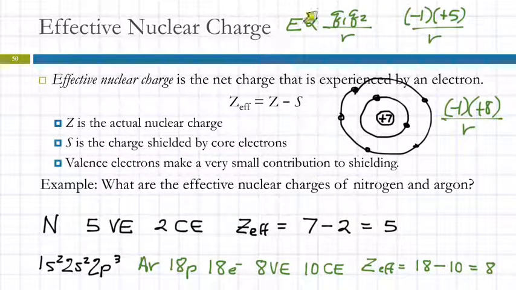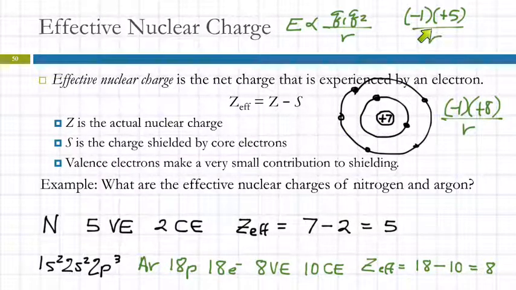So Coulomb's law says the force of attraction or repulsion between two charged particles. Q1 is the charge of one particle, Q2 is the charge of another particle. So we're looking at one of these valence electrons, its attractive force to the nucleus. So if there wasn't any shielding, it would be negative 1 times positive 7.